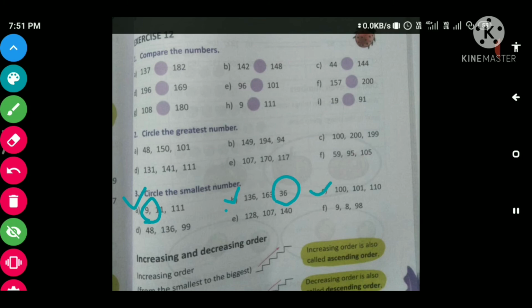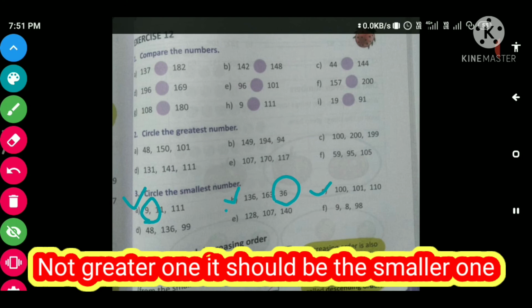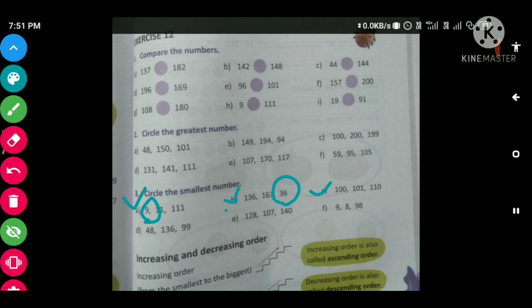So we'll apply the second and third rule to find out which one is greater. Or you can also see the numbers given here. 100 is there, then 101, then 110. So 100 comes earlier, then 101, then 110. So the smallest number will be what? 100.